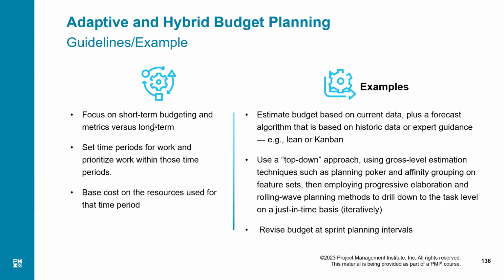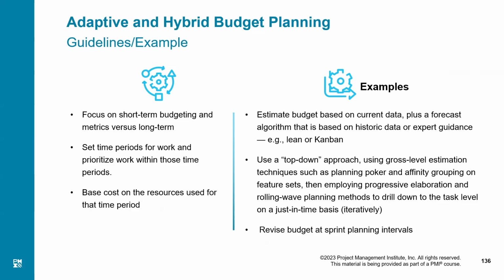Although we can project that budget onto the whole project or the whole release, at a time we are just concentrating on one iteration at a time. So we focus on short-term budgeting and metrics versus the long term, whereas a predictive project is calculating everything upfront and takes a lot of time in that.